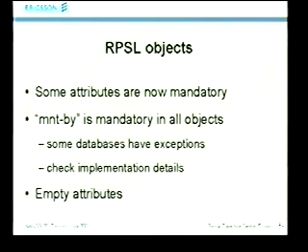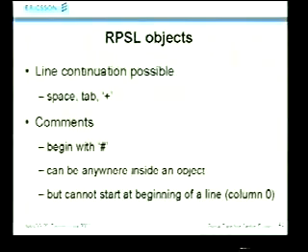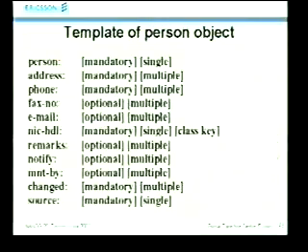Another one is empty attributes. I'll give you an example of that. If I just go back to this template, supposing you decide, I don't want remarks. It's optional. Well, some people would just send in remarks, colon, followed by nothing.